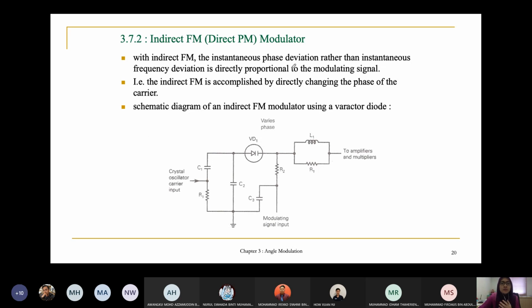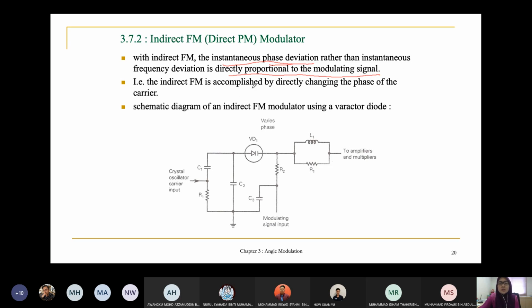Indirect FM is where we look in terms of the phase deviation instead of the frequency deviation. For indirect FM, the instantaneous phase deviation is directly proportional to the modulating signal. So instead of looking at the instantaneous frequency, now we look at the instantaneous phase deviation, which must be proportional to the modulating signal.